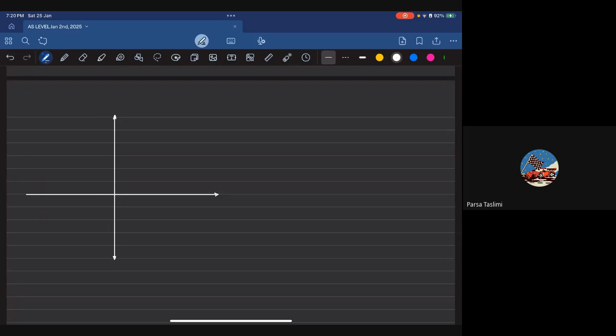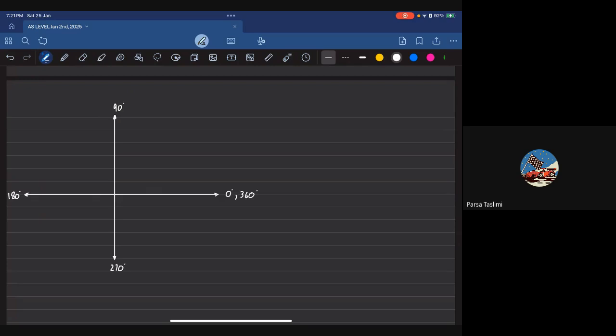So this is not something that is difficult. We start off with 0, we move up to 90, we go down to 180 to 270, and a complete rotation ends at 360.